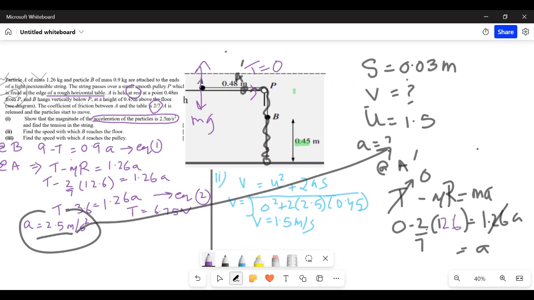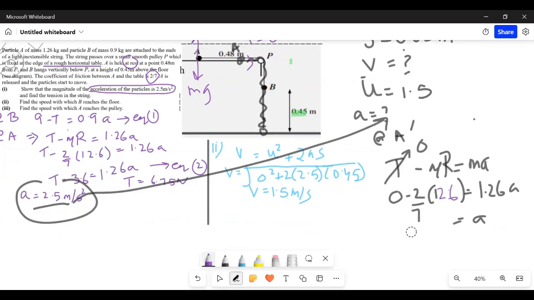Okay, now A will come out right. So these two can't be cancelled out now. So minus 2 by 7 into 12.6 divided by 1.26. Yes, now it's coming out right. It's supposed to be minus 20 by 7. Okay, so that's the acceleration.